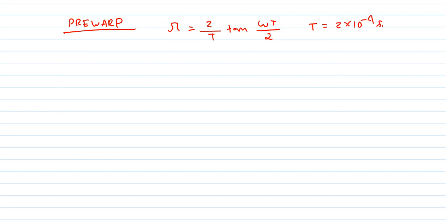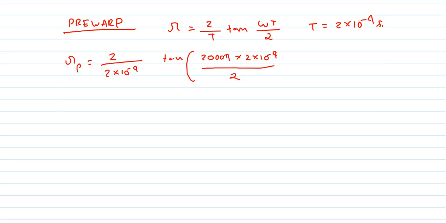Now if you actually solve for it, we'll first find omega p. Omega p is equal to 2 by 2 into 10 power minus 4, tan of 2000 pi into 2 into 10 power minus 4 divided by 2.